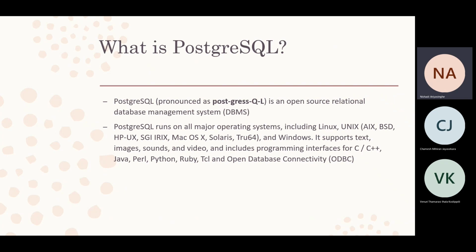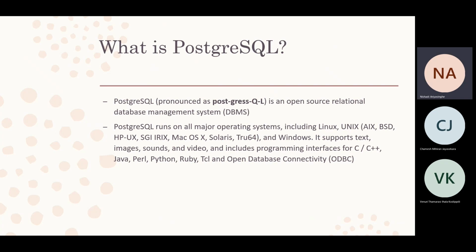The difference is you can use spatial data in PostgreSQL. Unlike in MySQL or any other database management systems, you can use spatial data in PostgreSQL. PostgreSQL runs on all major operating systems.